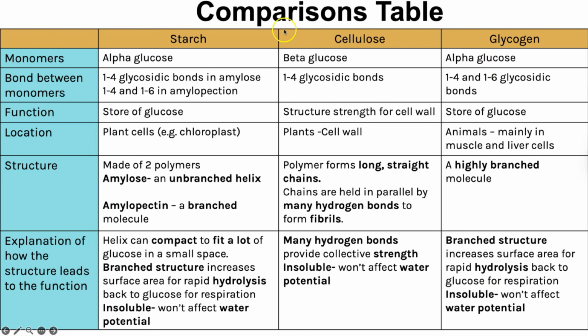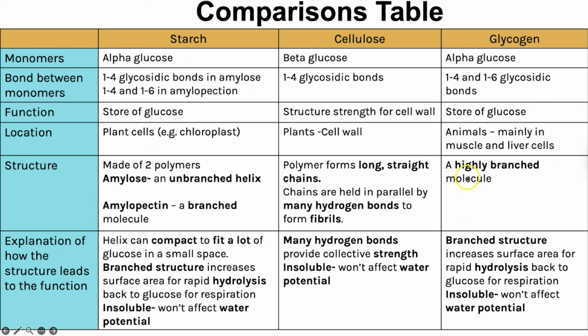I'm going to jump to glycogen next because that's so similar. Alpha glucose, again, 1-4 and 1-6 glycosidic bonds. Store of glucose, but this time it's found in animals, mainly the muscle and liver cells. It's a highly branched molecule. So this actually has a higher proportion of the 1-6 glycosidic bonds compared to starch.